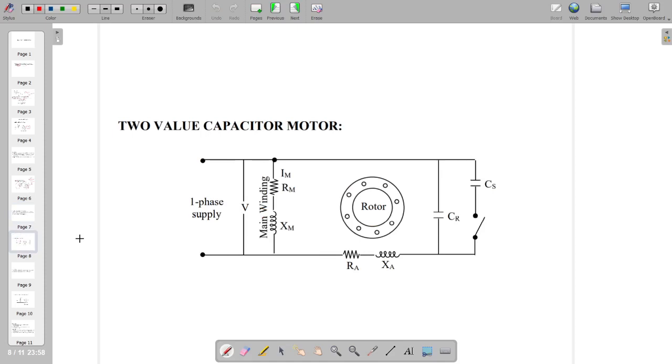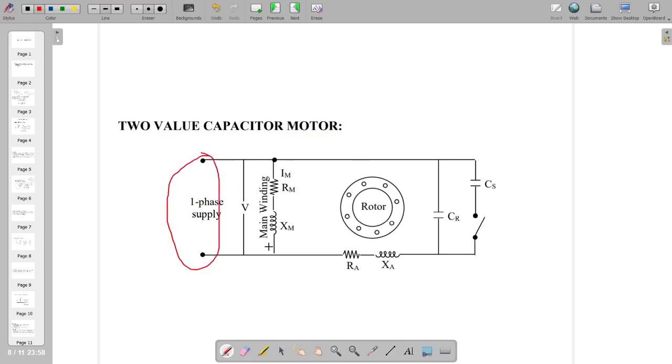Next one is the two value capacitor motor. It is like the capacitor start, but here we are using two capacitors. This is the circuit diagram for the two value capacitor motor, in which we are giving a supply to the machine.